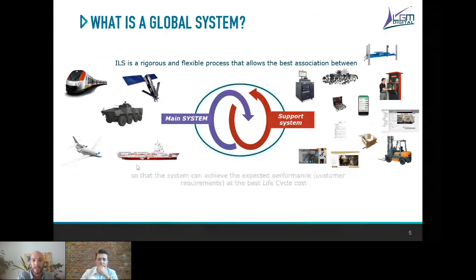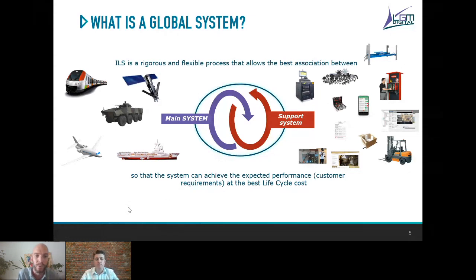So we build it during the engineering phase of the system, because it's easy to understand why we do this in concurrent engineering: if ILS comes to make their study after the conception of the main system, we cannot criticize it. We can criticize it, but we will not be allowed to modify it.